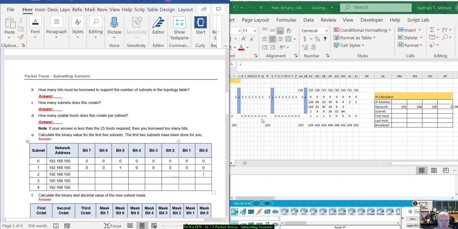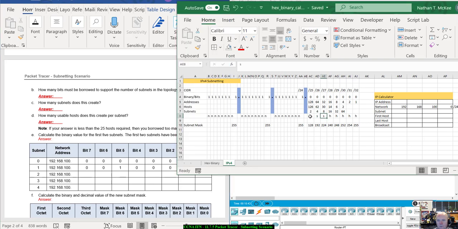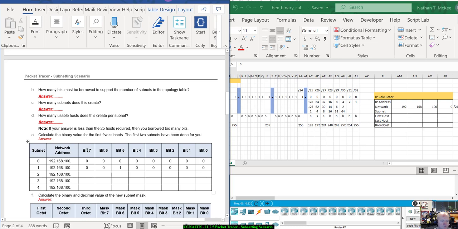So they're saying, counting bits from 0, 1, 2, 3, 4, 5, 6, 7, starting at 0, those are 8 bits on the 4th octet. 0 is no borrowed bits, and 1 is a borrowed bit there.